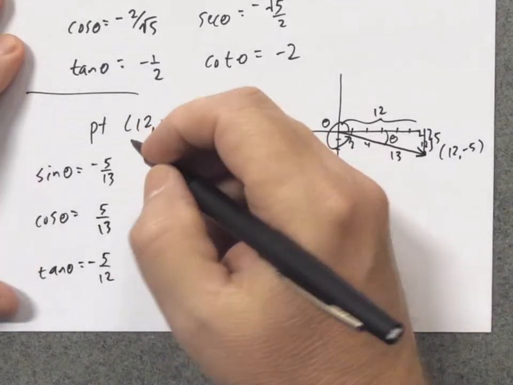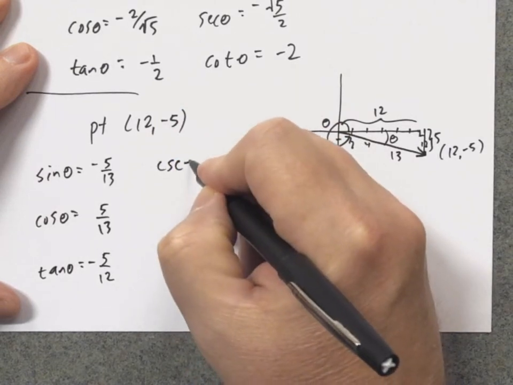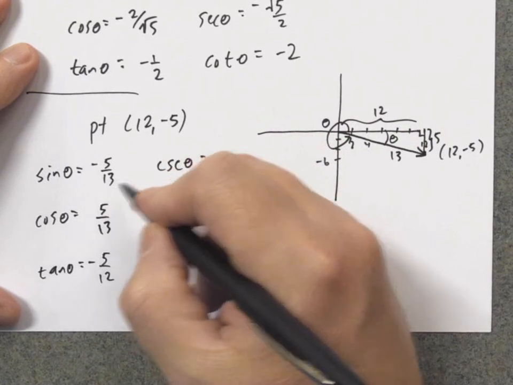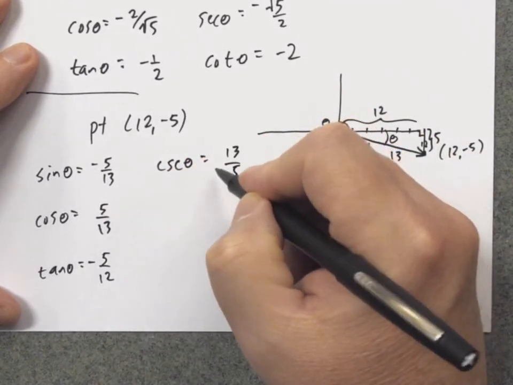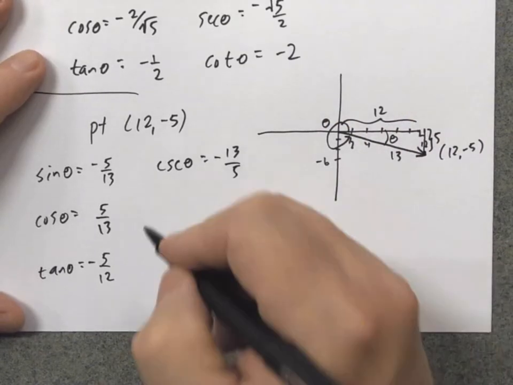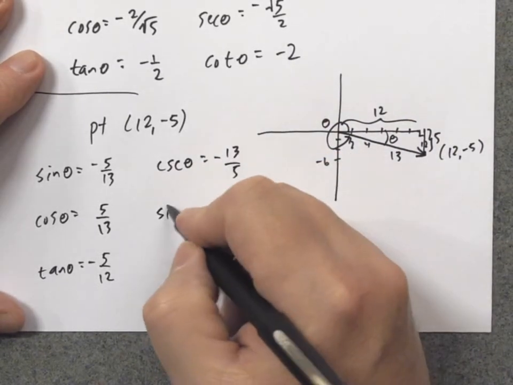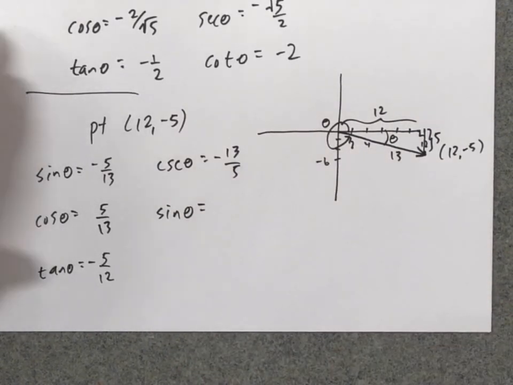Now we can find the other 3 trig functions pretty easily. If I just flip this, cosecant, keep the same sign, keep the same positive and negative.